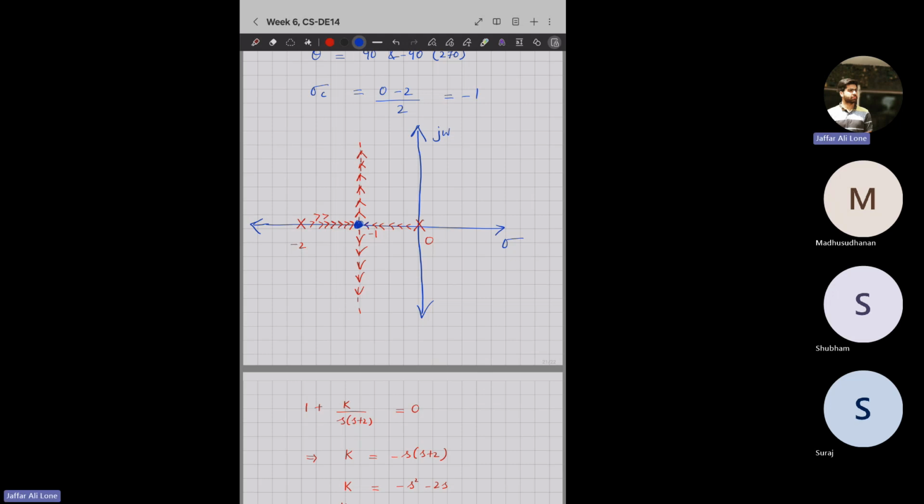Okay, that we'll discuss in the next lecture. We will see angle of departure, angle of arrival, and also intersection of the root locus with the imaginary axis, etc., and solve some of the good problems. So that will be the content for the other week. Next week, we might also see complementary root locus.